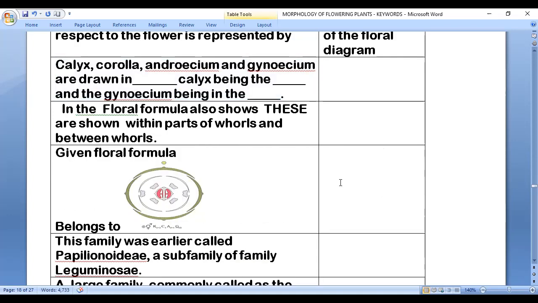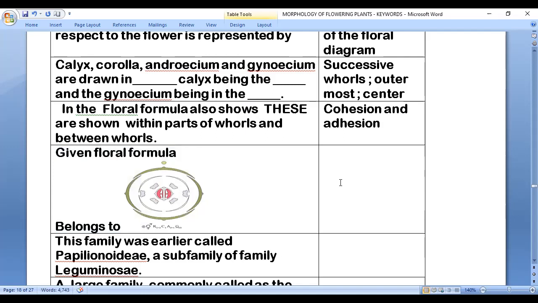Calyx, corolla, androecium, gynoecium are drawn in successive whorls, calyx being the outermost, gynoecium being in the center. The floral formula also shows, within the parts of the whorls and between whorls, cohesion and adhesion.